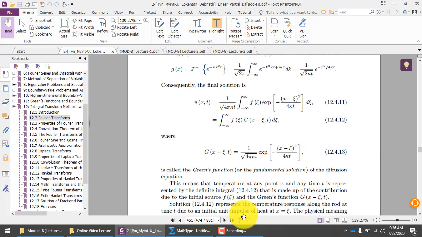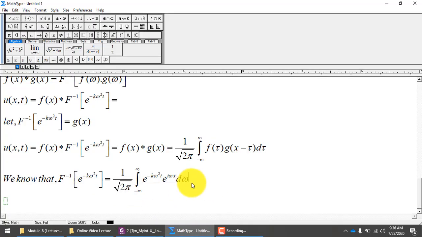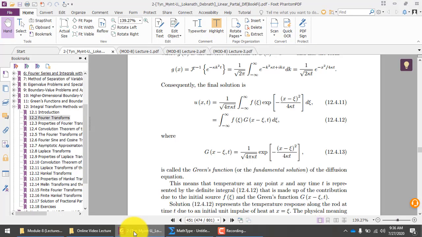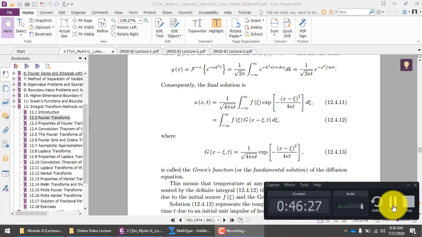My claim is that this is equal to 1 over square root 2 k t, and there is e to power minus x square.